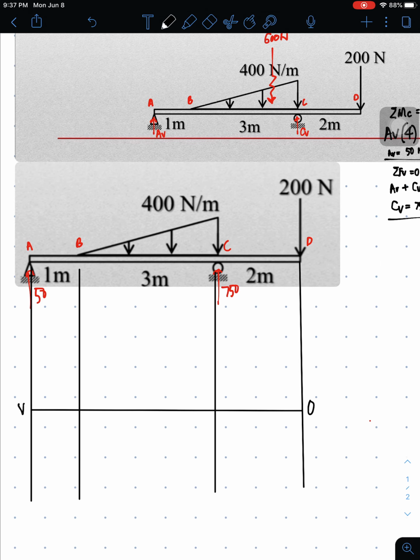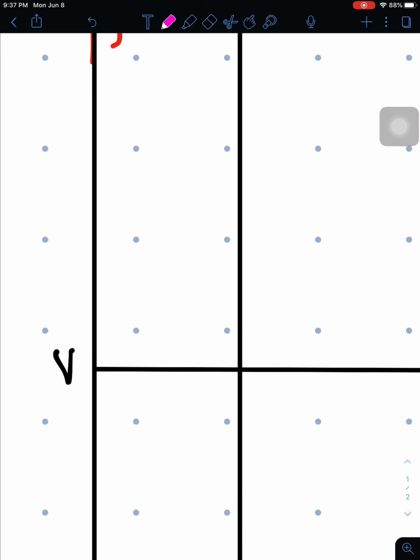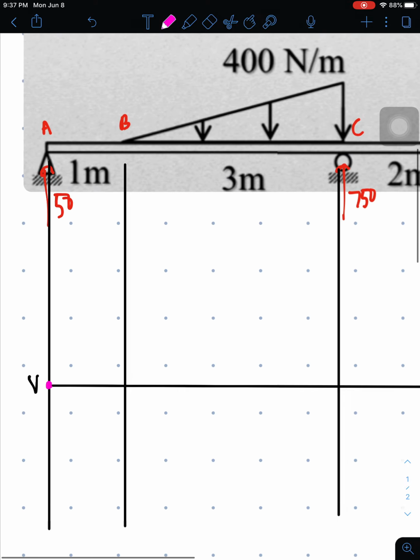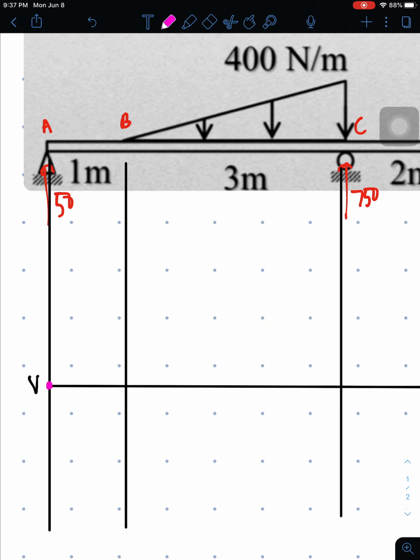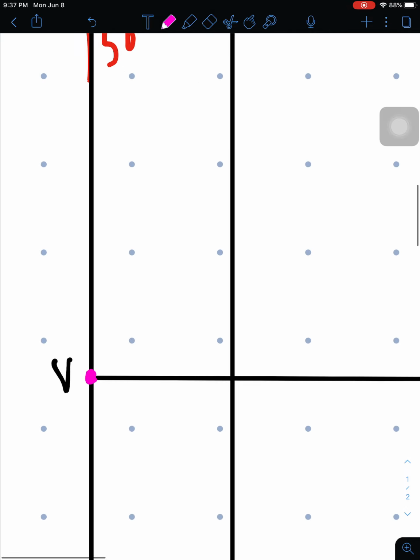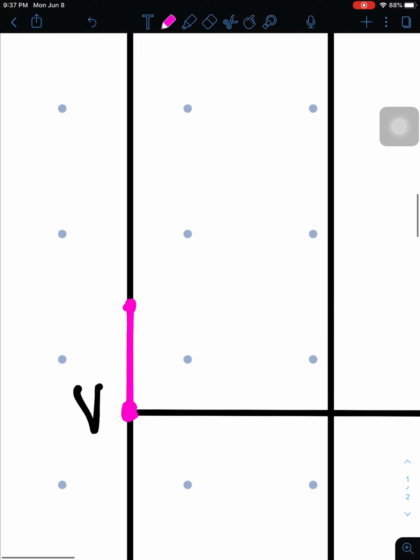Okay, so what did we do the last time? We plotted directly in the diagram here. Let's start with 0. And then, since our 50 is upward, it's going to be found here, 50. Let's connect that with a vertical line.